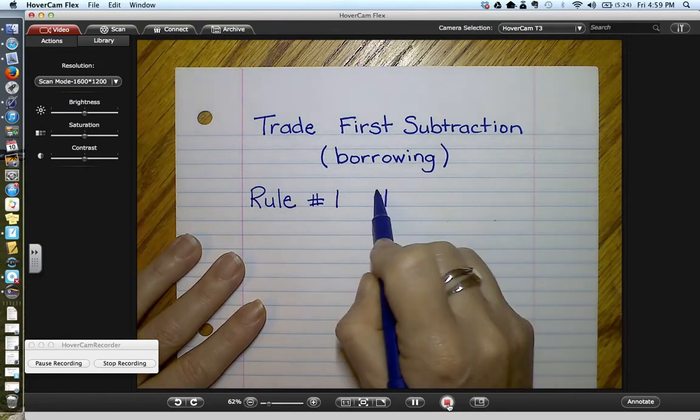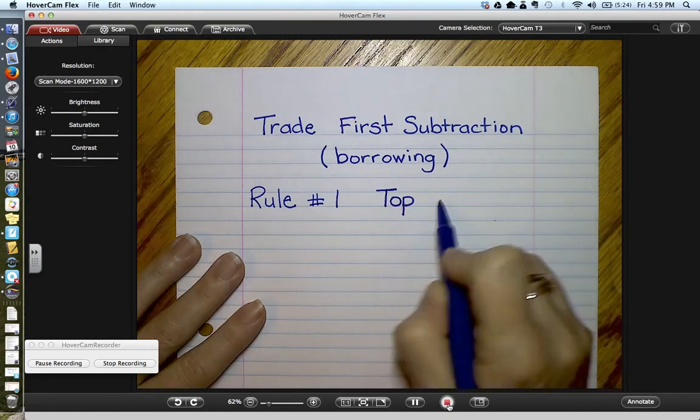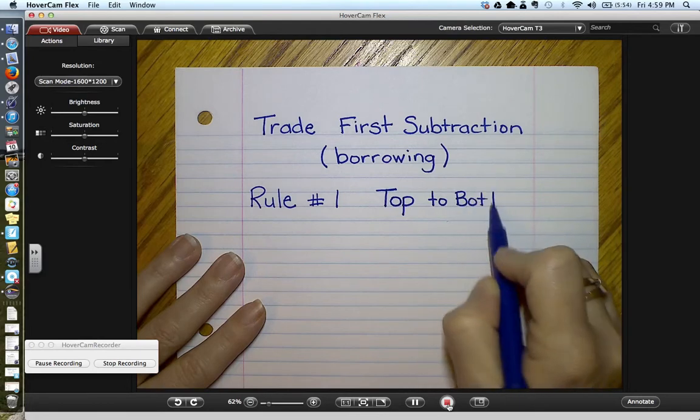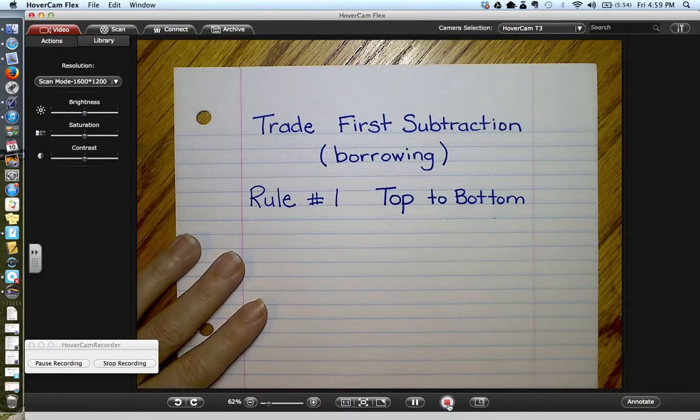The first thing you've got to remember when you're doing trade first subtraction is to go top to bottom. Okay? So I want you to write this down, and if you need to pause, you can press pause, finish spelling it, and press play when you're ready. Rule number 1, top to bottom.